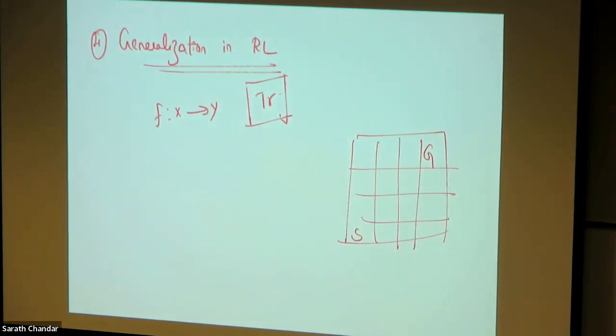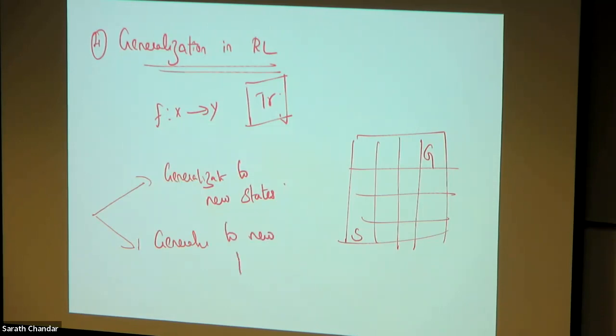I'll try to categorize things. Let's start with the simpler one, which is generalization to new states. The second one is generalization to new tasks. Any other generalization that you can think of?